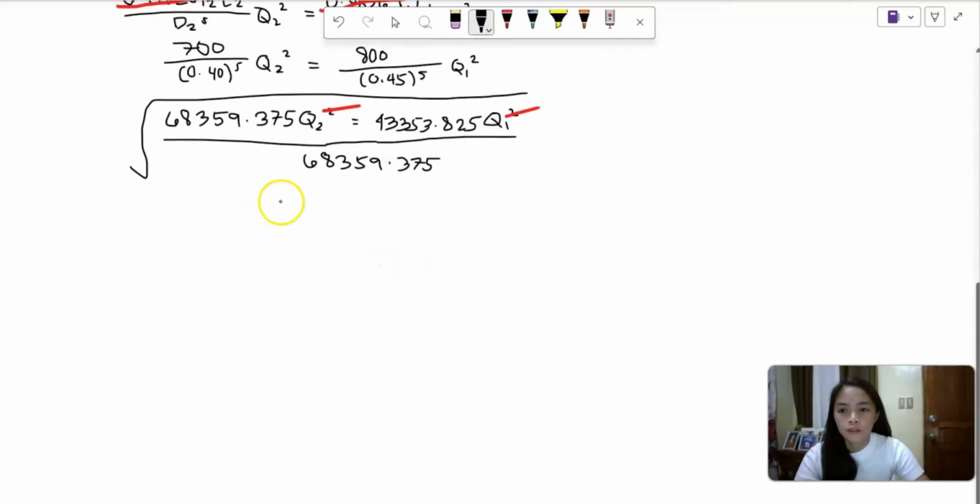So what remains? We already have a value of Q sub 2 in terms of Q sub 1, which is 0.796 Q sub 1.